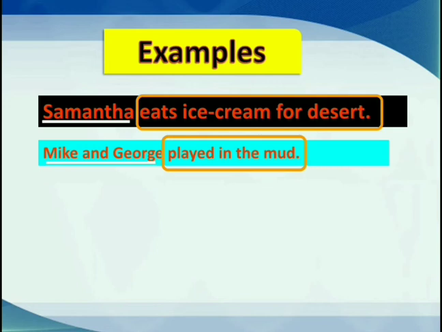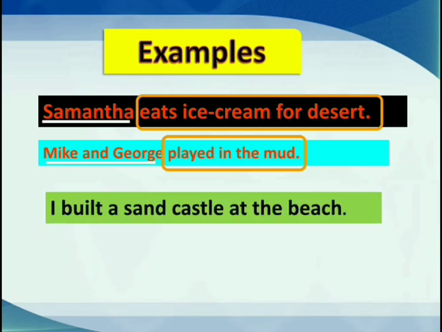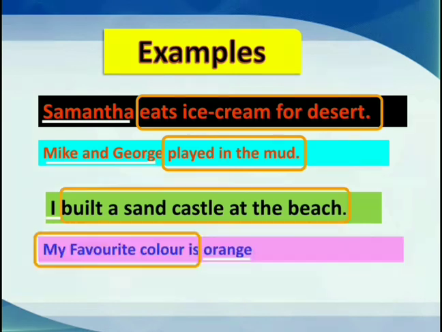Let us look at one more example. I built a sand castle at the beach. I said while identifying a subject, it can be a noun or it could be a pronoun. So I is the subject, and built a sand castle at the beach becomes the predicate.